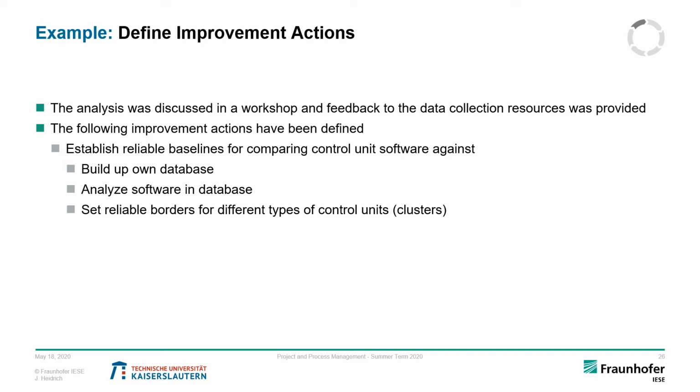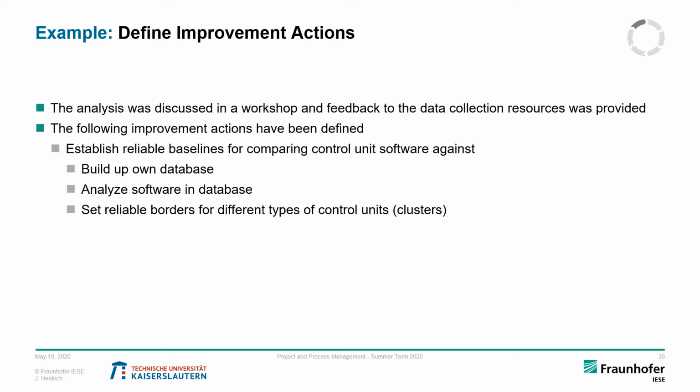One of them was to establish a reliable baseline for comparing control unit software against this baseline. That requires that we simply continue measuring and fill our database of control units so that we can really calculate some reliable thresholds for different types of control units, because as we have seen in the quality model regarding the variation factors, the impact factors, it is important not to compare apples with oranges.